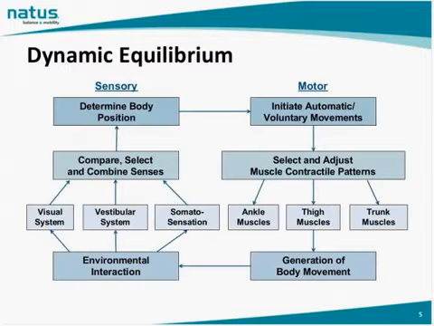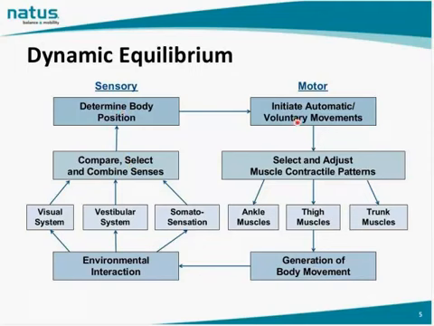The dynamic model that we're going to look at was put together originally by Lou Nasher, and it's an engineering systems model which allows you to look at the sensory aspects and the motor aspects of balance control. On the sensory side, you have environmental information coming in through the visual, vestibular, and somatosensory systems. The central nervous system in the brain compares, selects, and combines that information to determine where the body is in space.